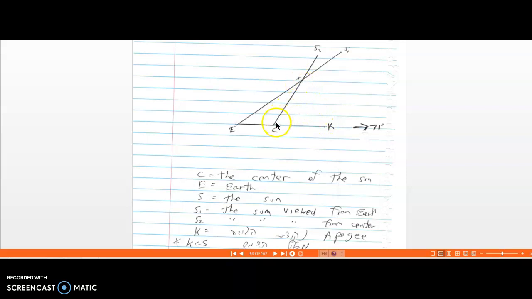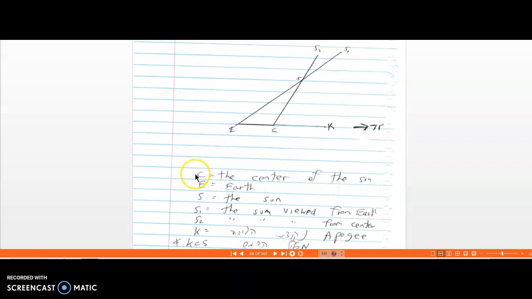So for somebody standing at point C, the sun is at 71 plus this angle. Let's say this angle is 70 degrees. So the answer would be 141. That's where the sun is, 141.